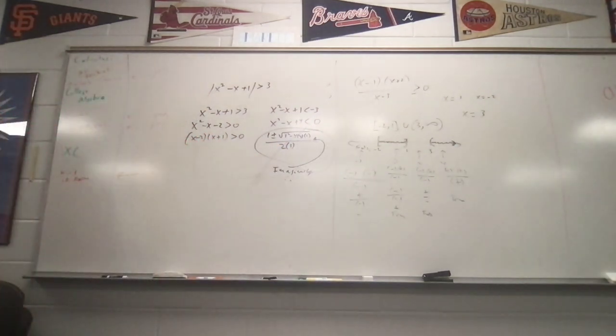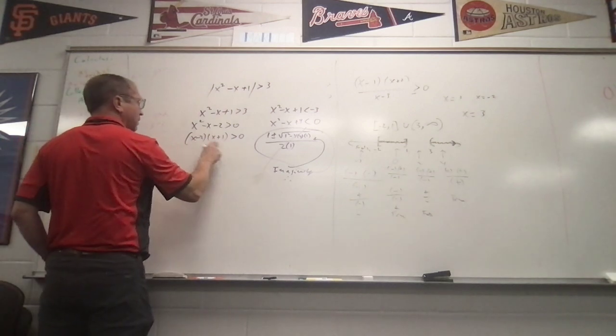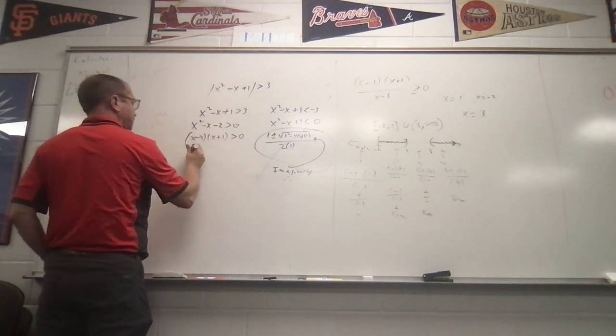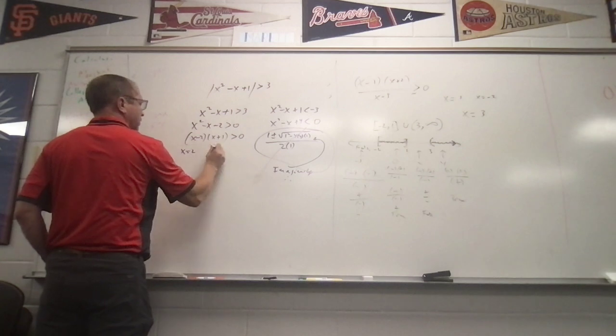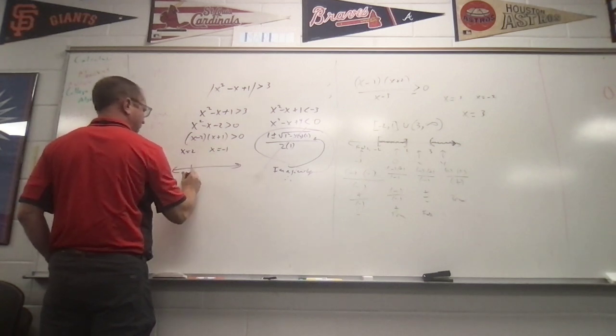But we had to check it to make sure it's imaginary because there was a chance that that would come into play in the answer. So my only values where I could change from positive to negative or vice versa are x equals 2 and x equals negative 1. So let's put these on a number line.